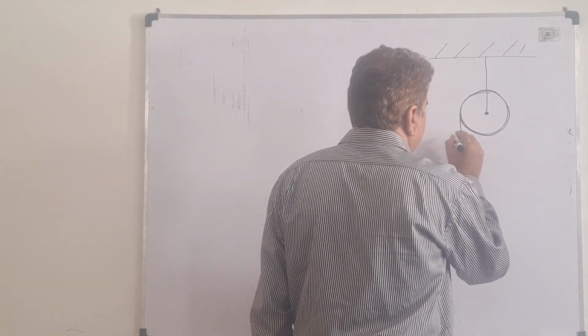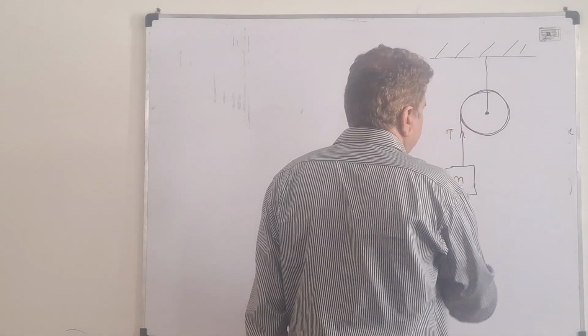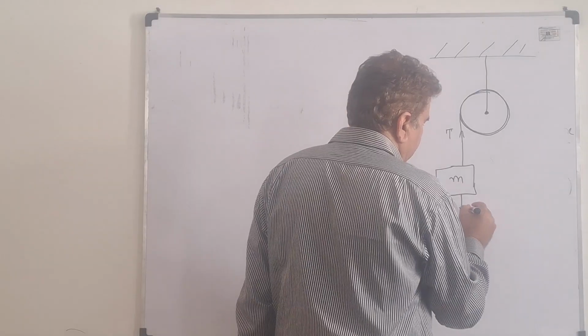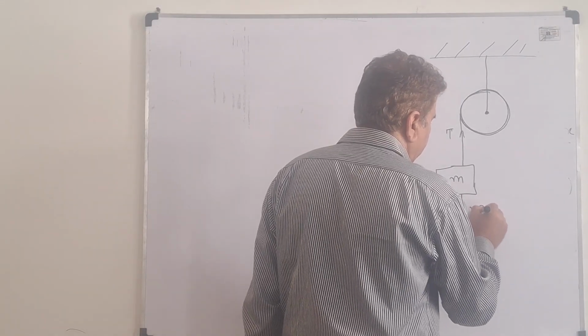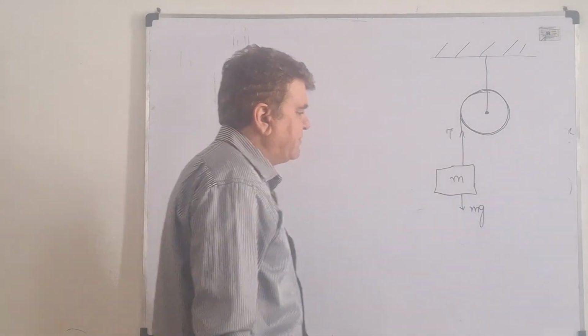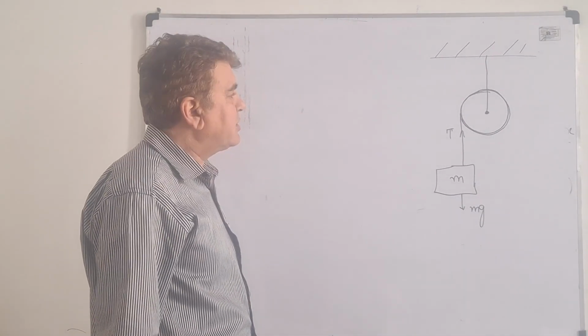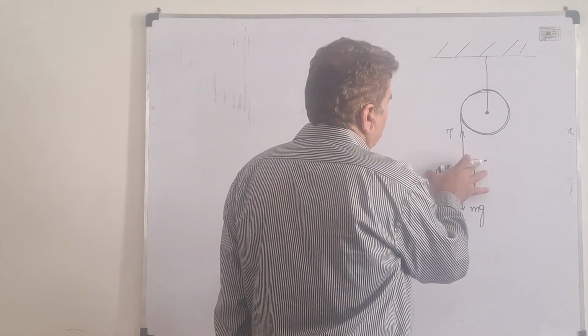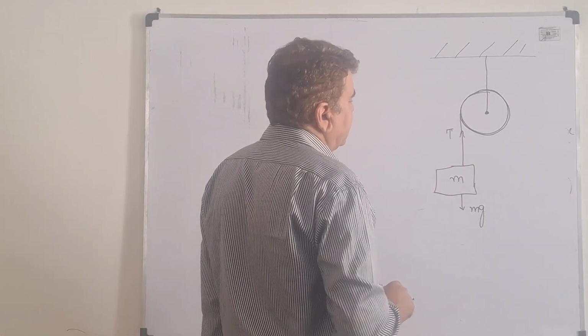Then obviously the tension is in the upward direction and the gravity is attracting the mass in the downward direction with the force given by the product of mass times acceleration due to gravity. And we want to find the dynamics of this particle.